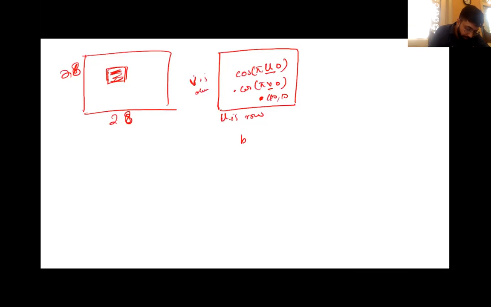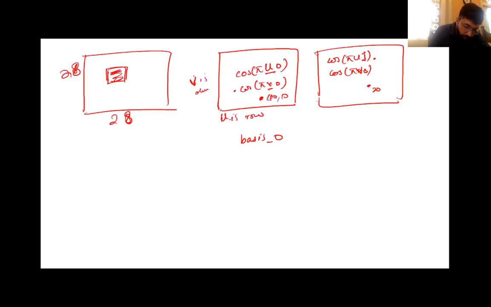So this is my base. This is my 0th base. Similarly, I would have another base, which is cos of pi u1 times cos of pi v0. Again, if you want to find the value of this base at a particular pixel, let's say 20, 20, you will just put u equal to 20 and v equal to 20.